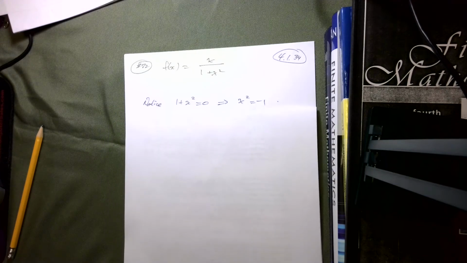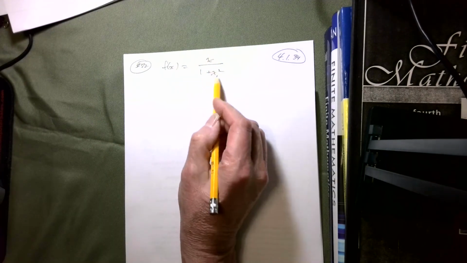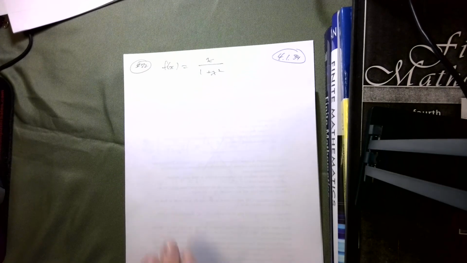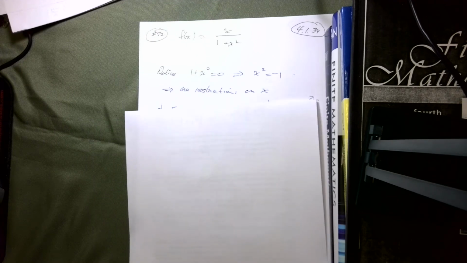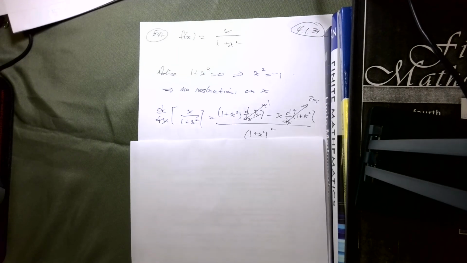Next one. Now, can I make the denominator ever 0? No, because the worst that this could be is 0. This is positive. So I don't have to worry about the derivative being undefined. So there's no value of x that when I square it gives me a -1, unless we talk about complex numbers.